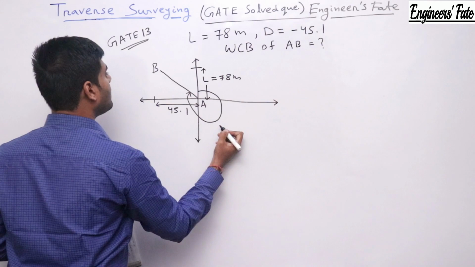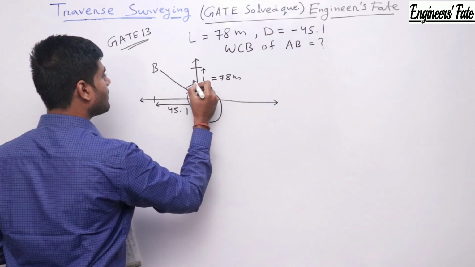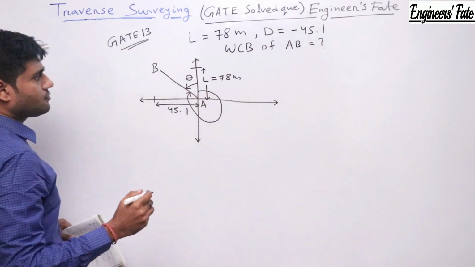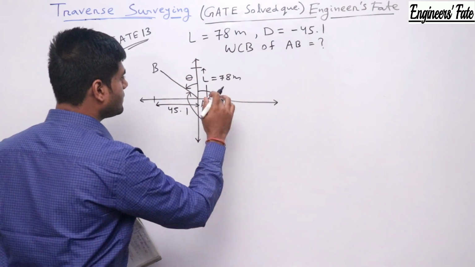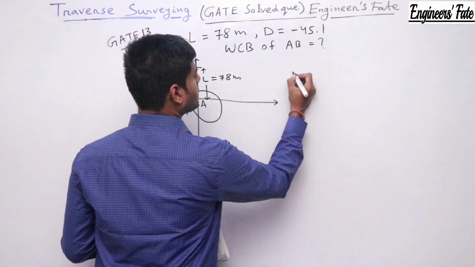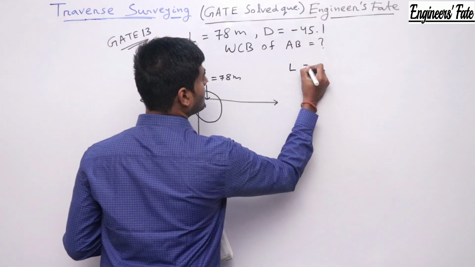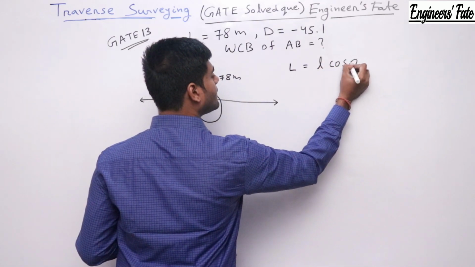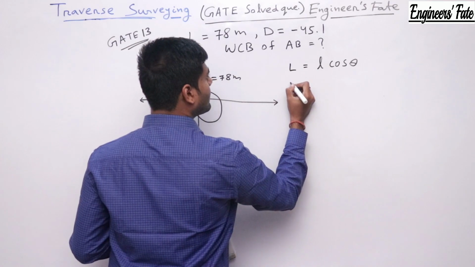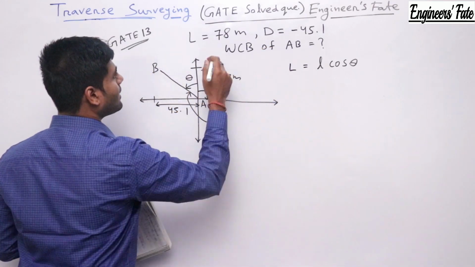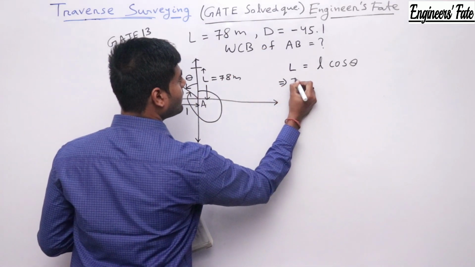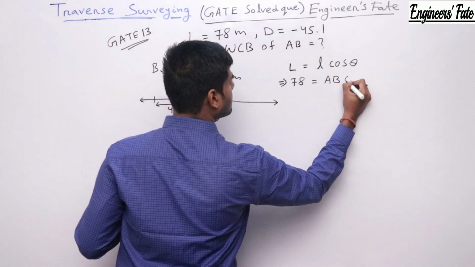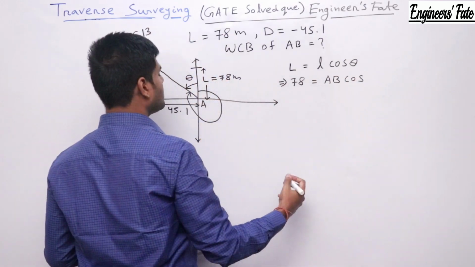So what is the bearing? Theta is this, but we have to find this. We know latitude equal to L cos theta. The latitude is given as 78, so place that: 78 equal to AB cos theta.